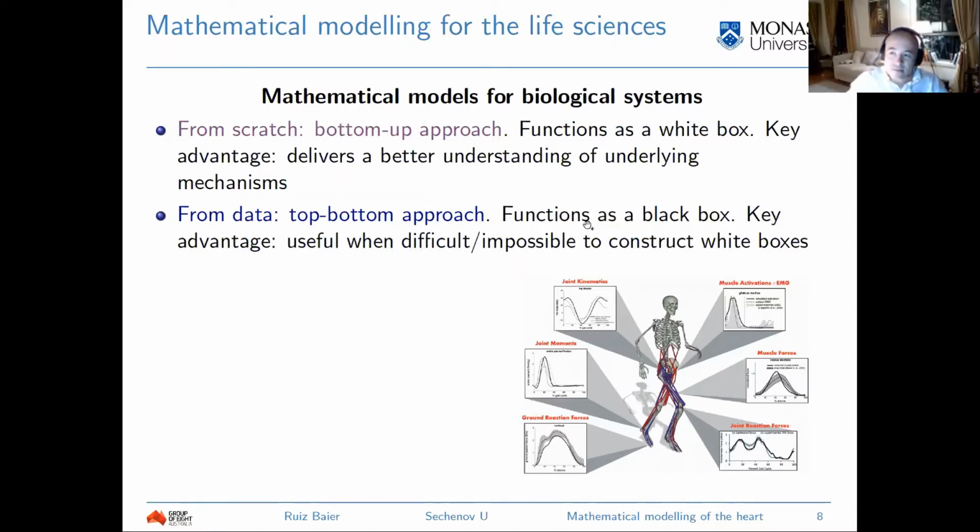And that functions pretty much as a black box. You don't know what is inside, you don't see what it does, but in some cases it works pretty well, because what it does is just mimic what the reality does without knowing why. And that could be very useful in cases where there's no way that you can write a model from scratch because you just don't know what the situation is.